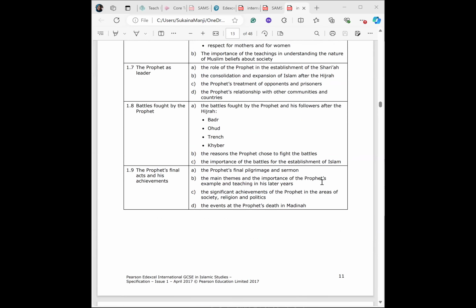Now, for the battles, you have the Battle of Badr, Ahad, Khandak, which is the trench, and Khaybar. So these are the 4 battles that would be brought into the question, the 4 battles that you'll be working with.